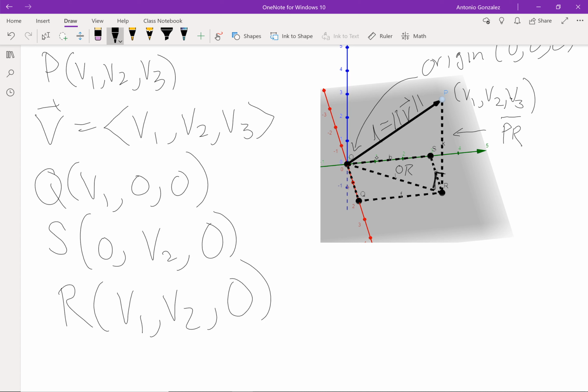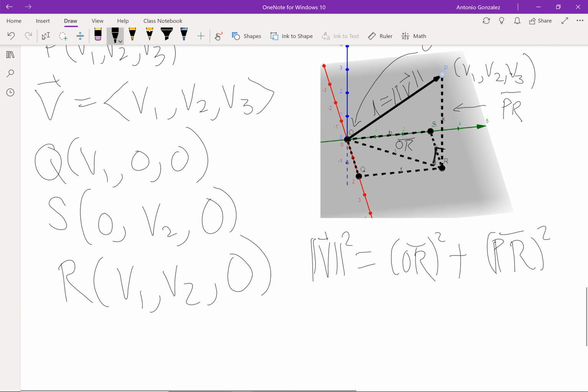So I can rewrite, using the Pythagorean theorem, the magnitude of V, or L, whatever we want to call it, here I'll use the vector notation, as the length of OR squared plus PR squared. That is from the Pythagorean theorem.